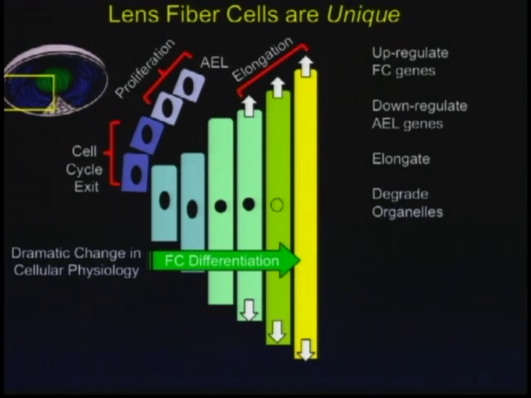And we know that if we misexpress genes which are important in the anterior epithelium, even in the second or third layer of the fiber cells, it disrupts the entire differentiation program. So it's very critical that these transcripts are degraded, these proteins are not made beyond this zone of transition, and that eventually these cells are making copious amounts of crystallin proteins.